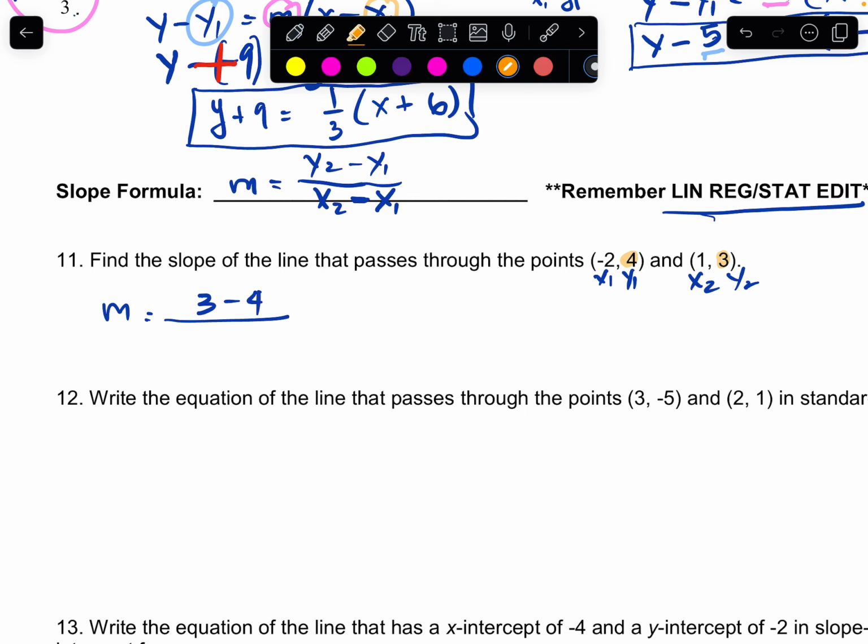Then the x's, 1 and negative 2: 1 minus a negative 2. That's equal to 3 minus 4, which is negative 1, over, and remember, on the bottom, minus and a negative become plus, so this is 3. So this is our slope.